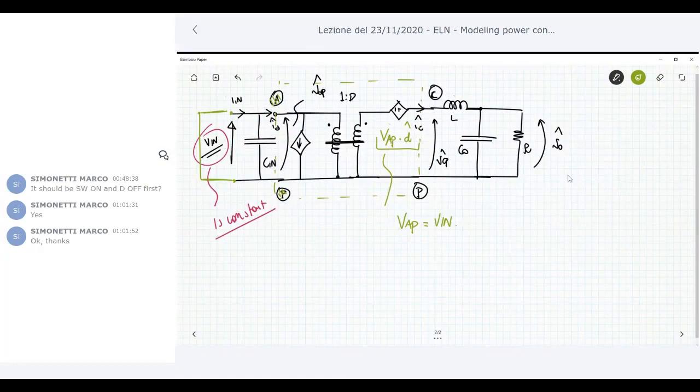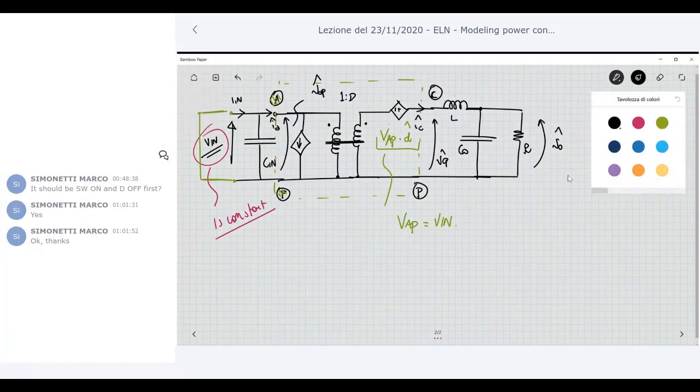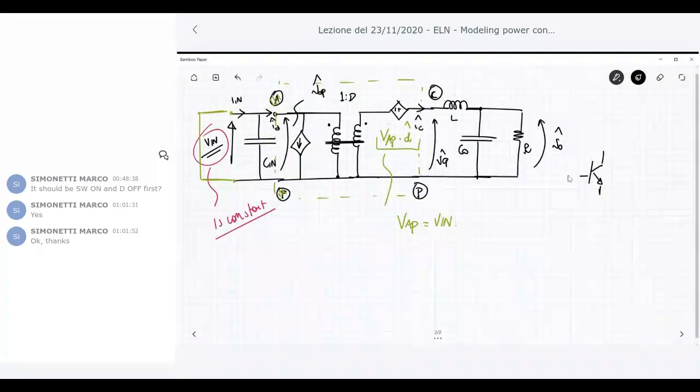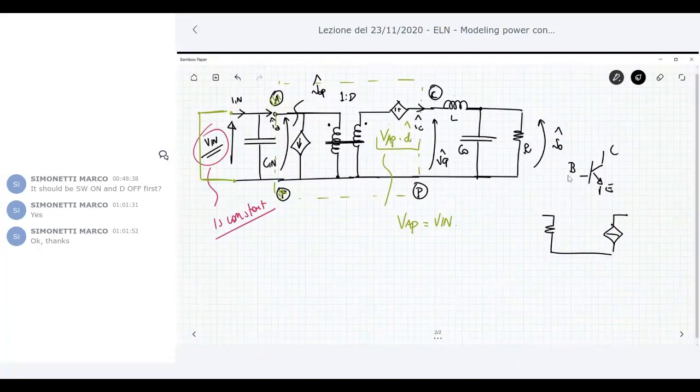If you look at this analysis, this is exactly what you do if you have, I don't know, a transistor, a BJT. If you want to analyze the amplifications, so quantities in the small signal environment, your model is something like this: base, emitter, and collector.